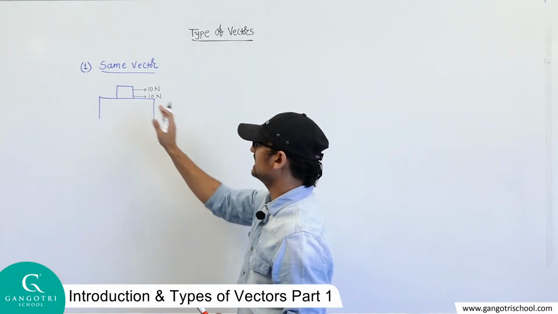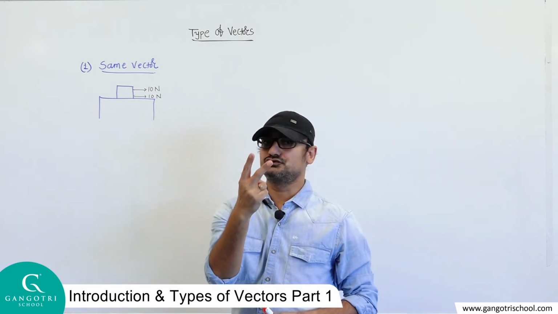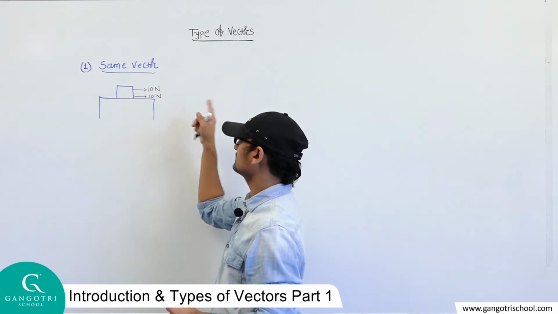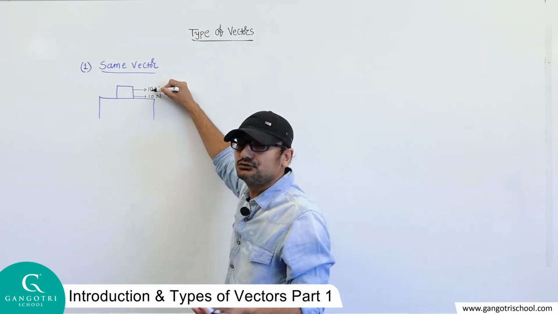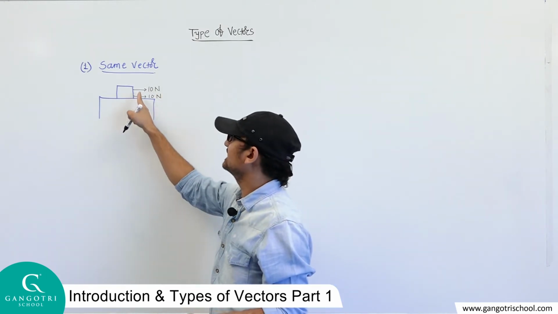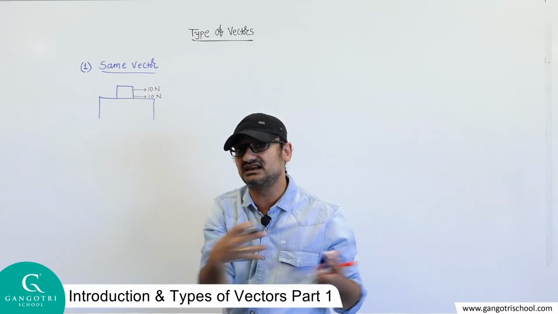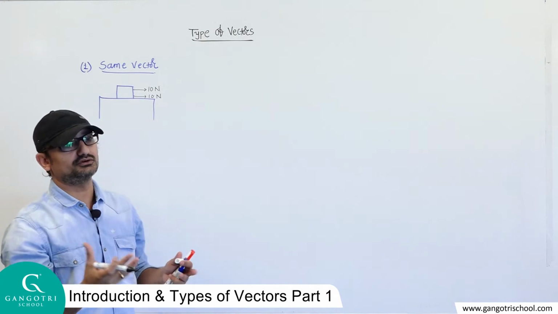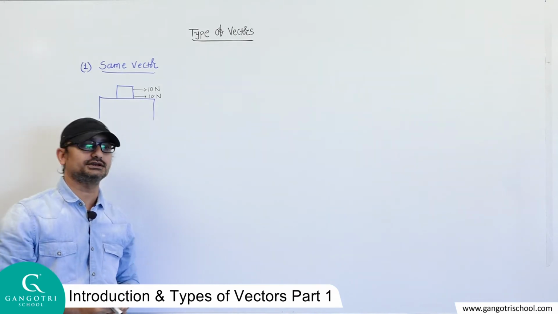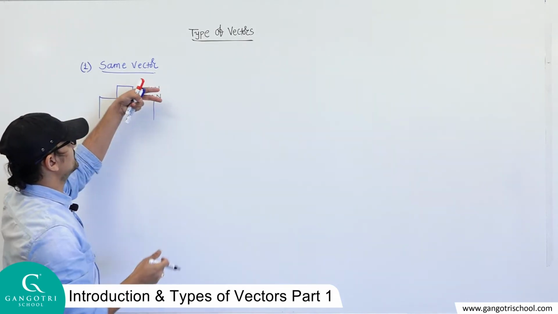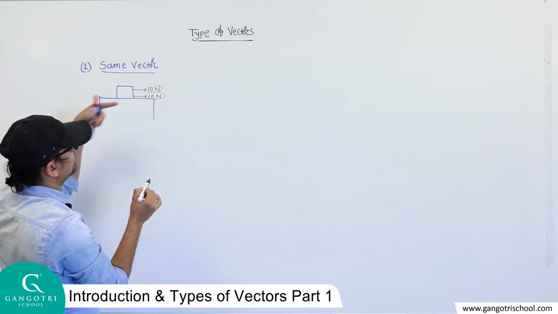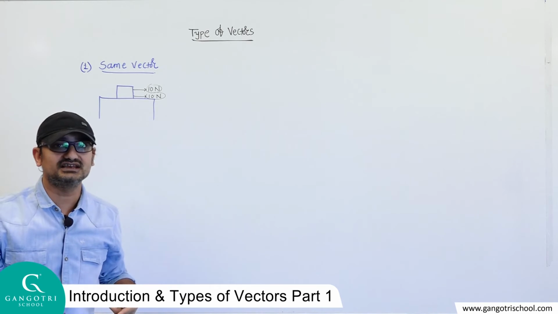So in this diagram two forces act. Both forces are the same in magnitude, 10 Newton, 10 Newton, and both are the same in direction. As we know force is a vector physical quantity, if two vectors are the same in magnitude as well as the same in direction, they are known as same vectors.